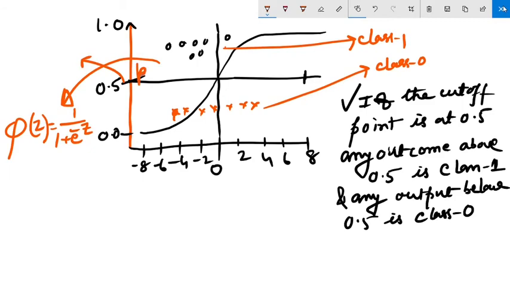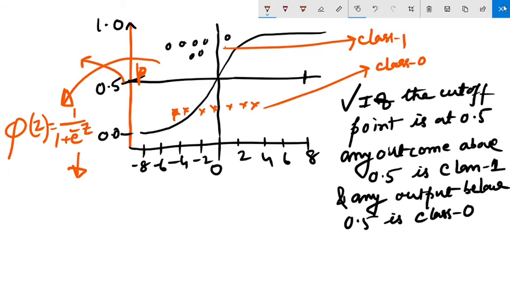Let's say this is p, so you can write p here. From the linear regression point of view, it will be 1 over 1 plus e to the power minus z, where z is beta 0 plus beta 1 x.